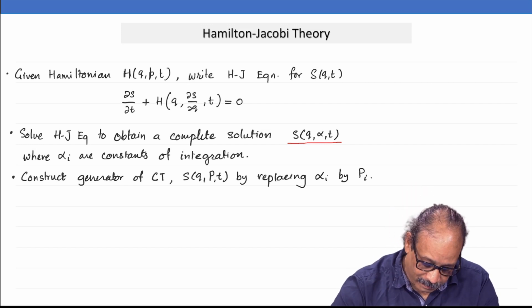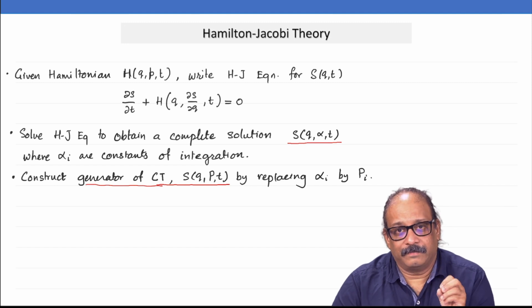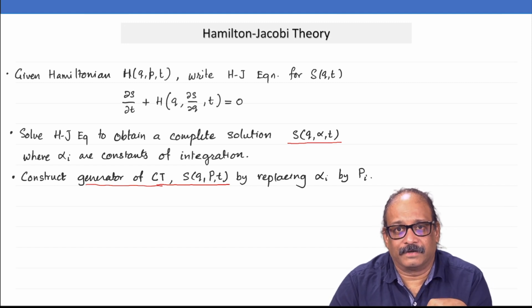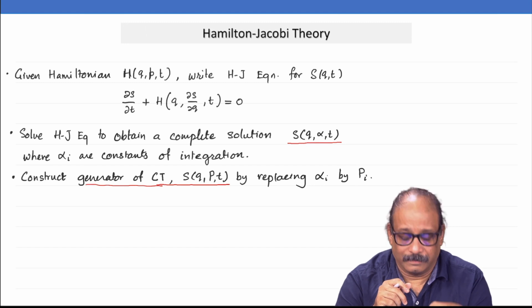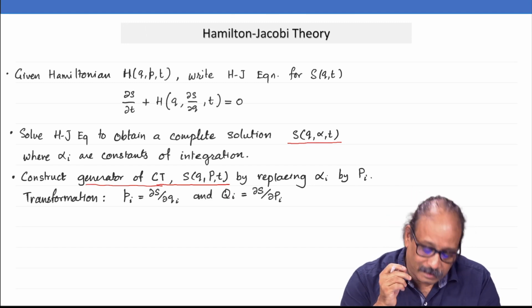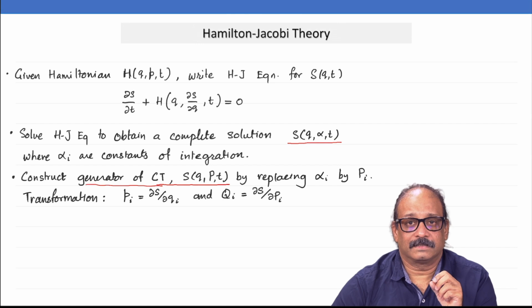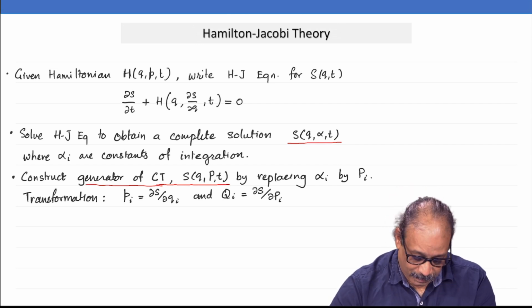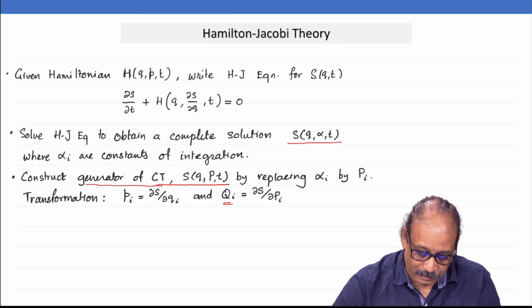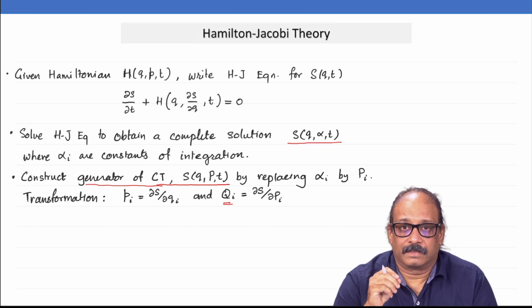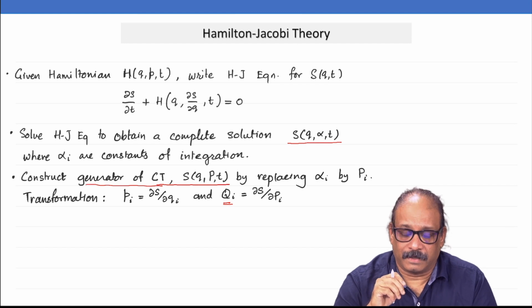Once you do that you get this generator of canonical transformation, and the claim that we made is that this is the generator that we want. Okay. So, the transformation equations can now be written as small p I equal to partial of S with respect to q I, and capital Q I equal to partial derivative of S with respect to capital P I.